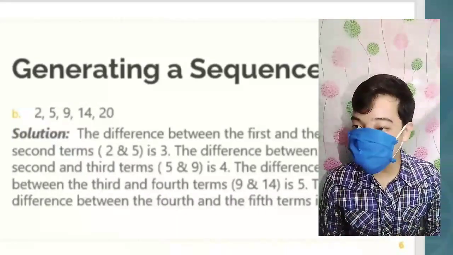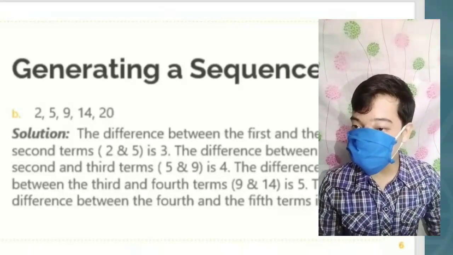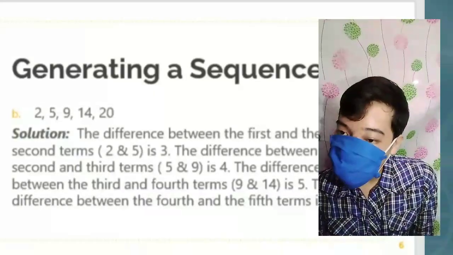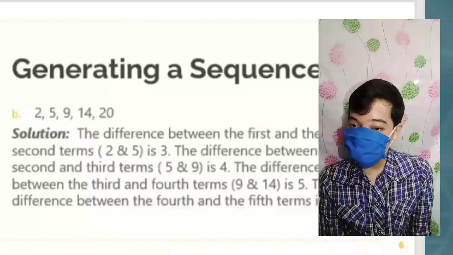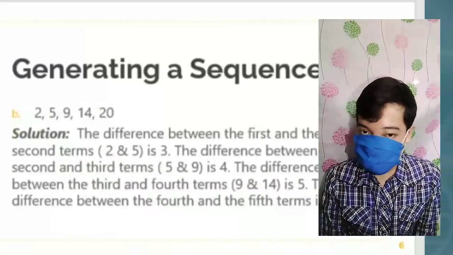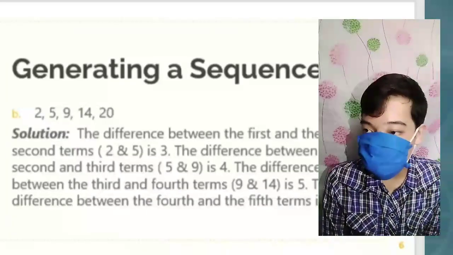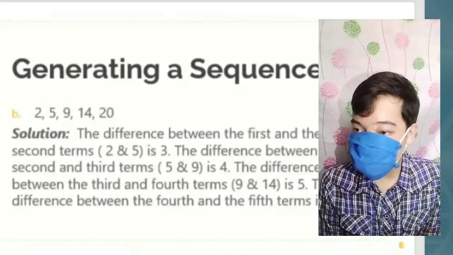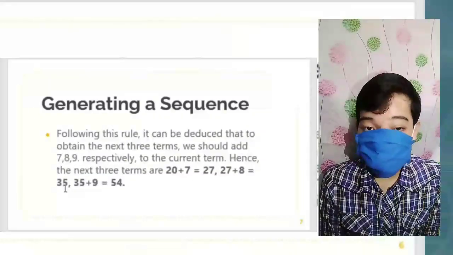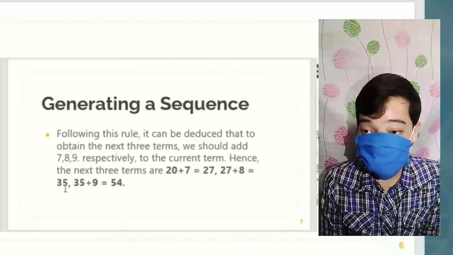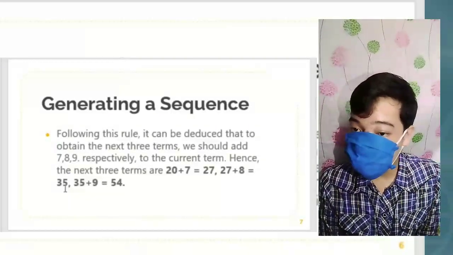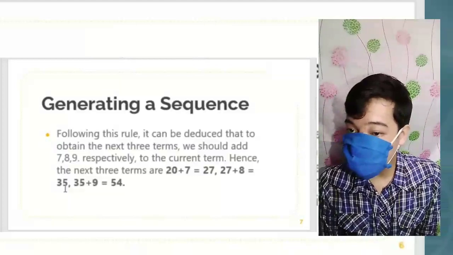So if we follow the rule, it can be deduced that to obtain the next 3 terms, we should add 7, 8, 9, respectively to the current term.